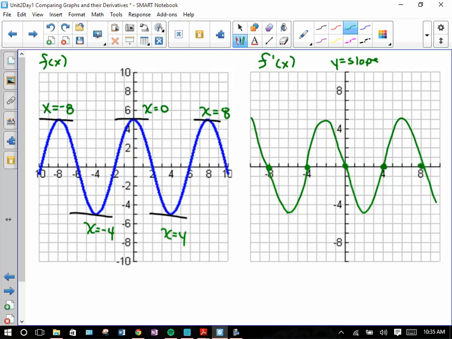I'm going to make a wild guess and say that this is probably the function 5 cosine x, and that this would actually be the first derivative, which would be negative 5 sine x. And that trig stuff.